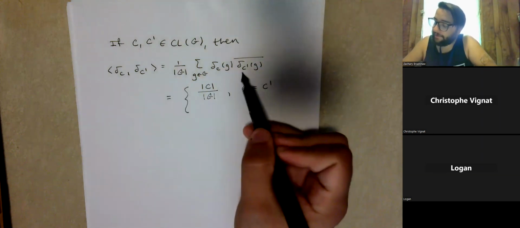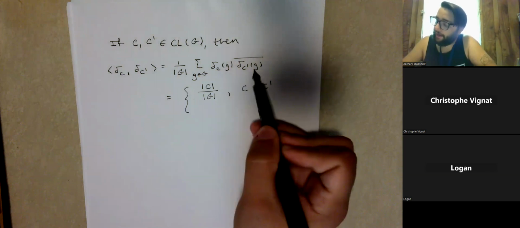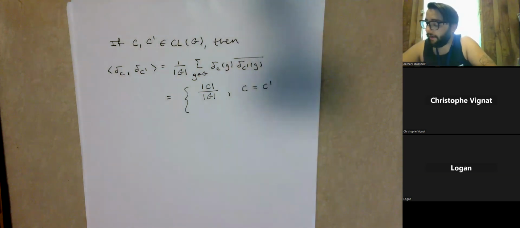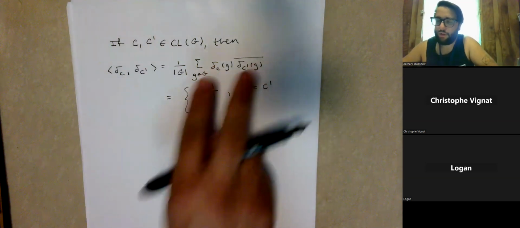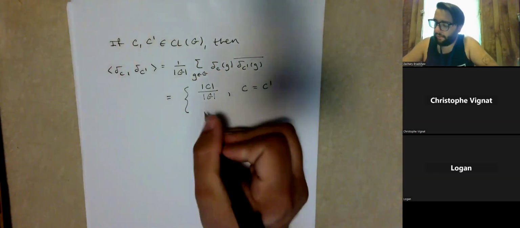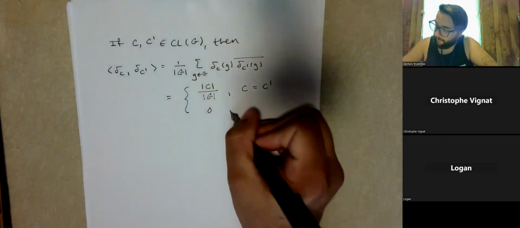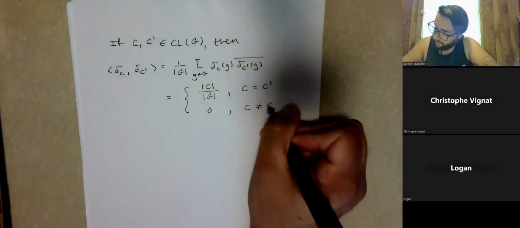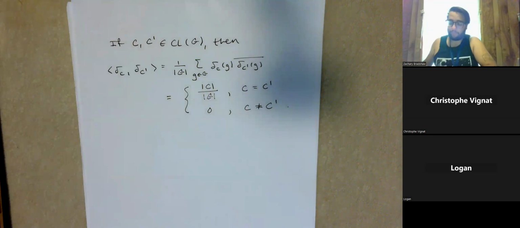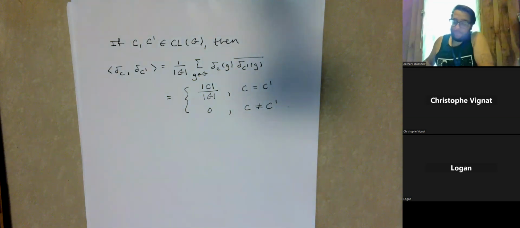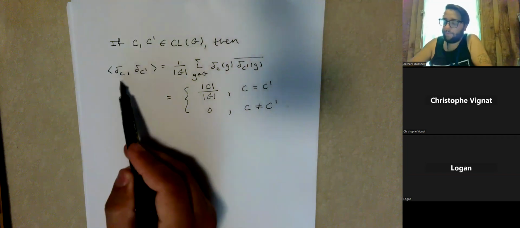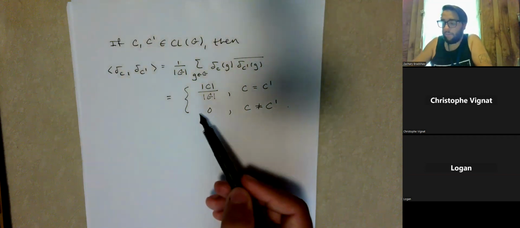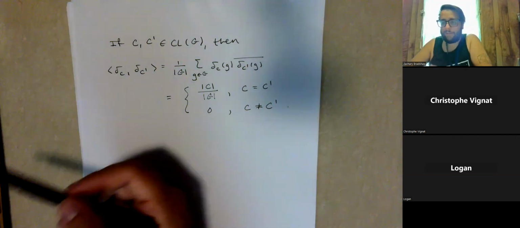Now, if the conjugacy classes are different, since we're plugging in the same element here, and the conjugacy classes are disjoint, that means that one of these will always be 0, and so we'll always get 0 here. And so this shows that B is a basis, because we've shown that delta C and delta C prime are orthogonal, and that implies linear independence.